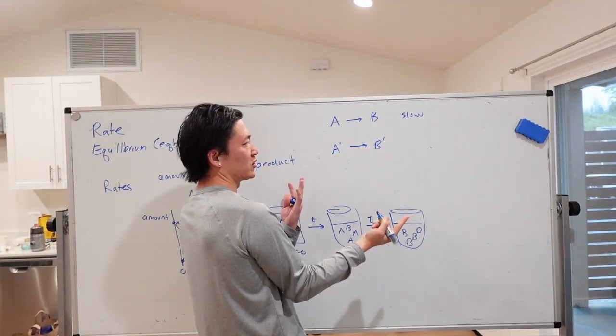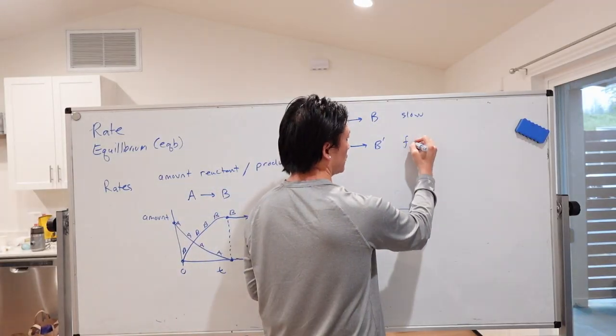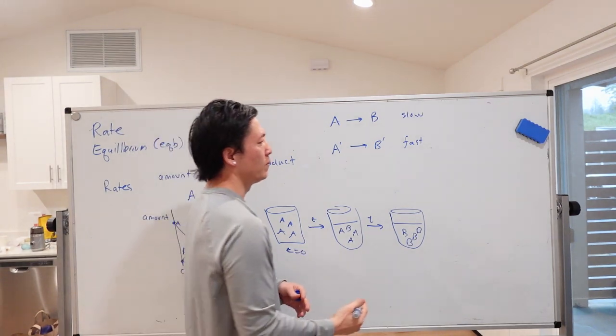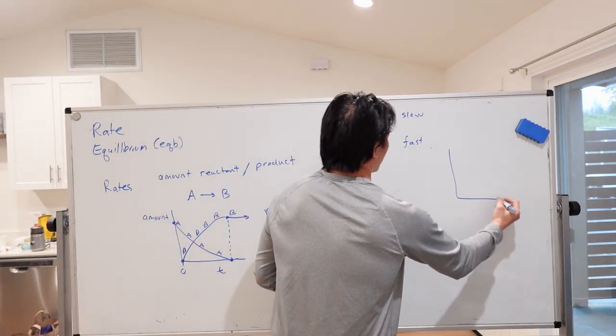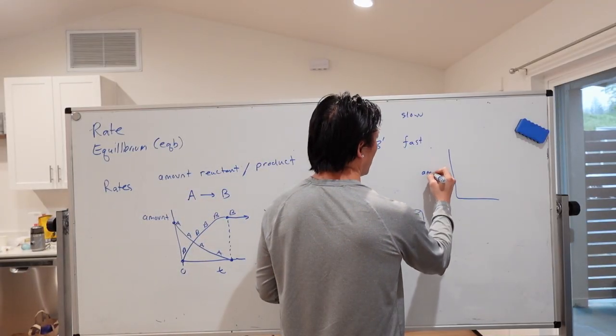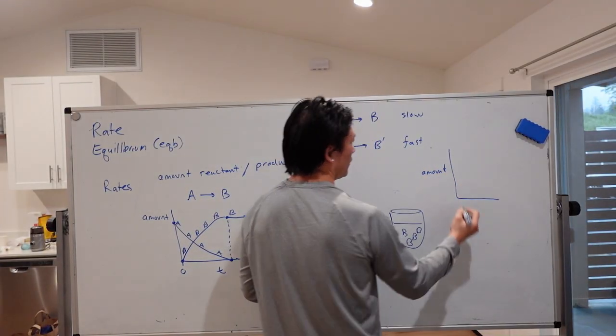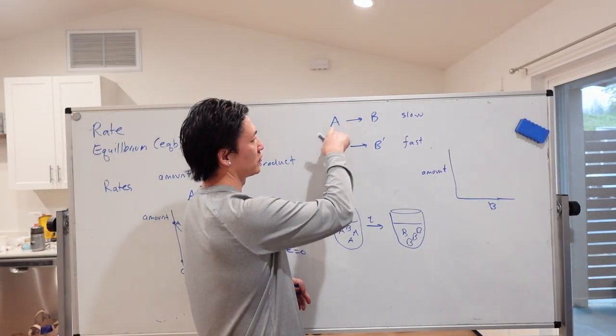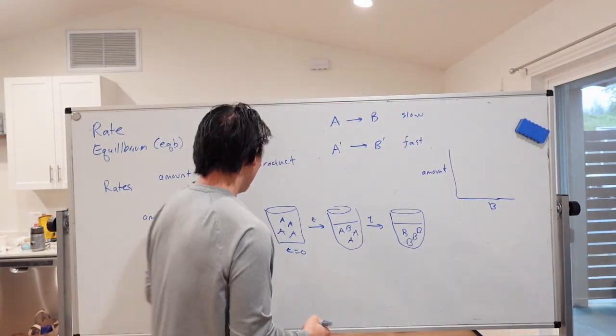It's the same reaction, A goes to B, but it's faster. It can be faster because I might change the temperature or something like that. And in this case here, I'm going to monitor the amount of B, okay? So this is the amount of B forming. We're going to look at the slow version and the fast version.